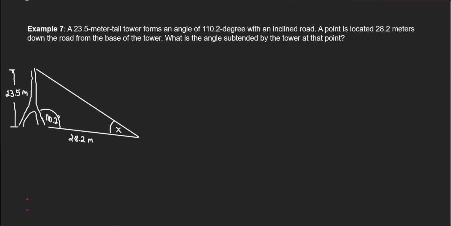Okay, now in this process, we first calculate the third side of the triangle, which is the line of sight from the top of the tower. So ibig sabihin, ang hinahanap po natin is ito. I-solve pa po natin yan. Okay?